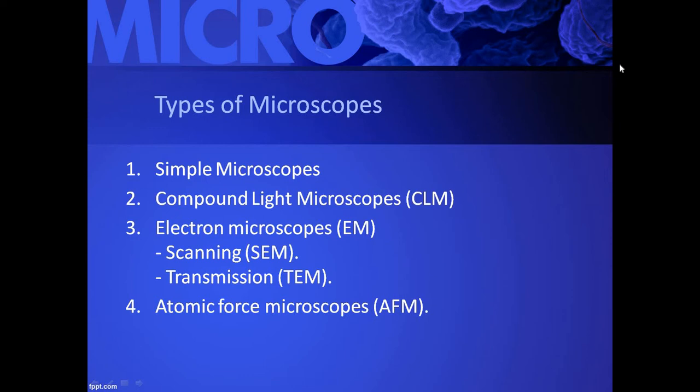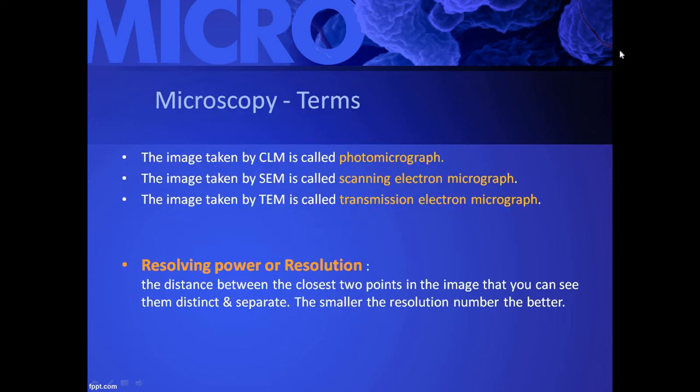Compound microscopes are called compound because they have multiple magnifying lenses, and they have light as the main source of illumination. Electron microscopes are called electron because they use an electron beam as the source of illumination. And lastly, atomic force microscopes use atomic forces to scan specimens. All of these are discussed in further detail in the next episode.